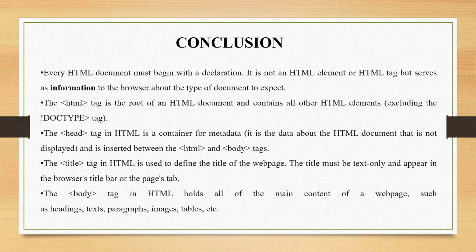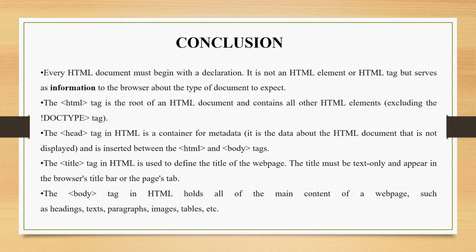Next comes the head tag in HTML, which is a container for metadata, and it is inserted between the HTML and body tags. The title tag in HTML is used to define the title of the web page.